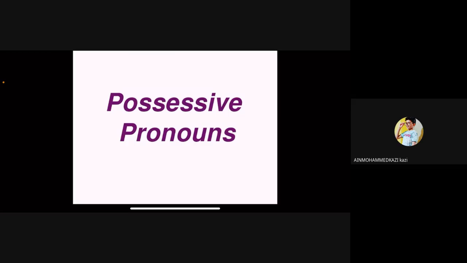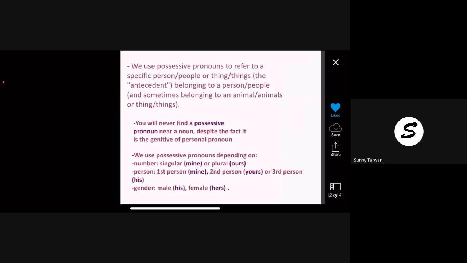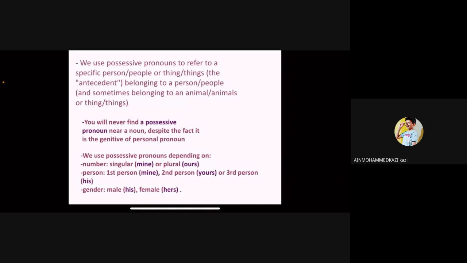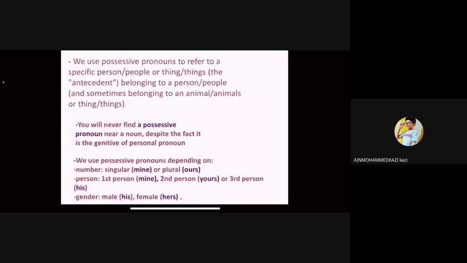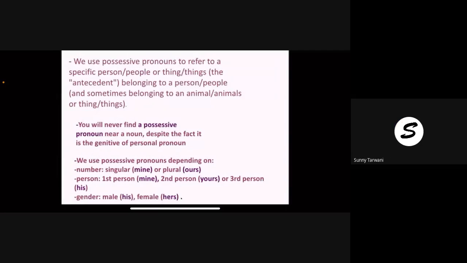Possessive pronoun. We use possessive pronouns to refer to a specific person, people, or thing. The antecedent belonging to a person, people, and something belonging to an animal, animals, or things.